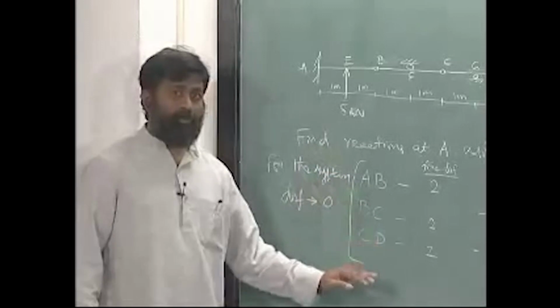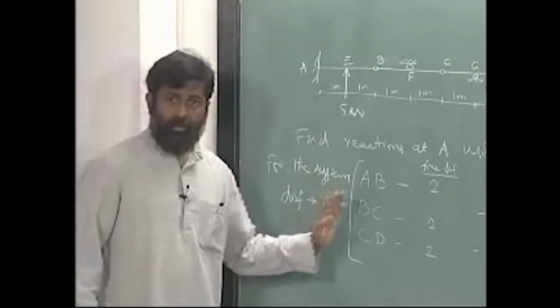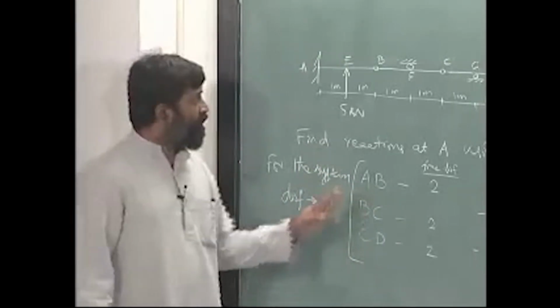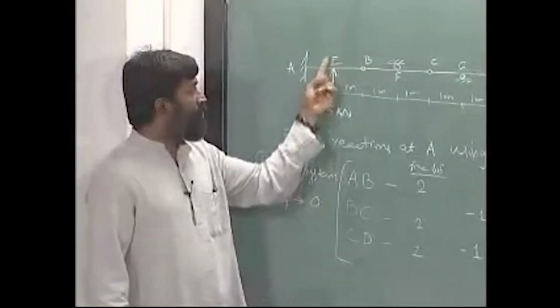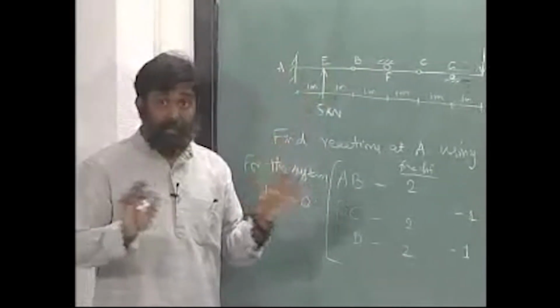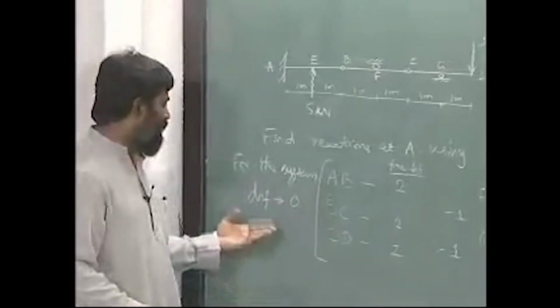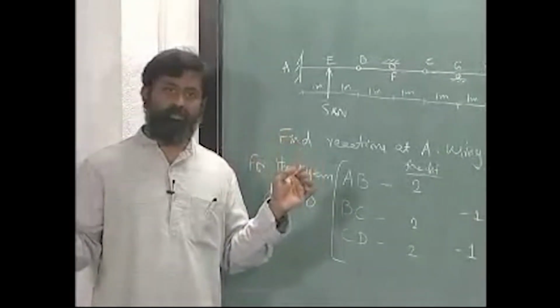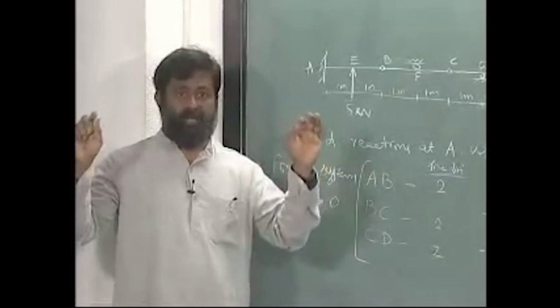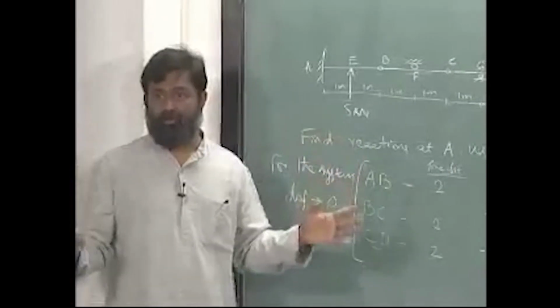There are certain problems you will face, but I am not talking about it right now. For example, if this support had been over here, it is a completely different story. Okay. I am not going to talk about it in this particular problem. Okay. For now this holds okay, and we have a 0 degree of freedom system, which means that it is a determinate system and I can solve for them.